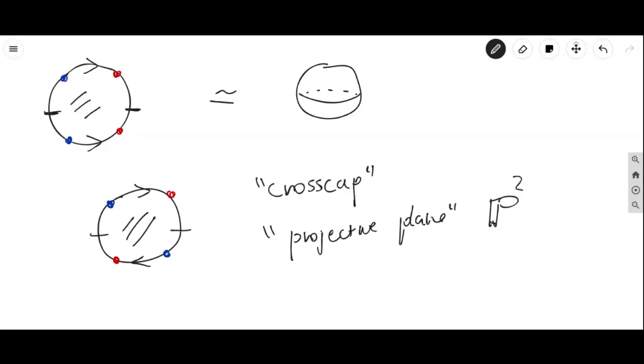But let's see if I can find a picture for you. If you just search for the projective plane, there are many results. Projective plane is a little bit ambiguous in mathematics. It means many different things. So maybe if we look for the cross cap, we'll be able to find it.